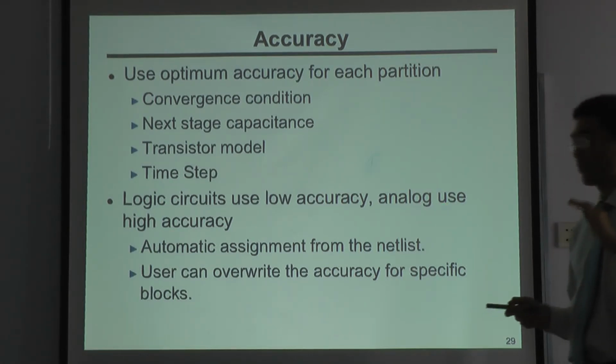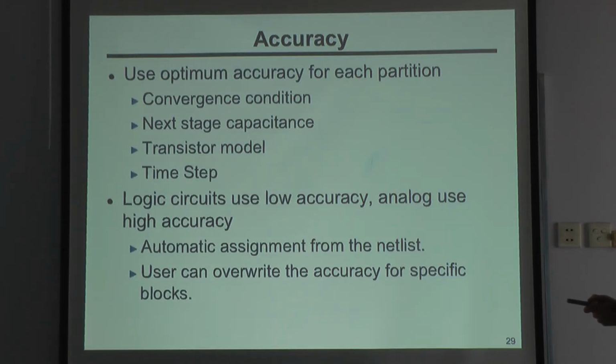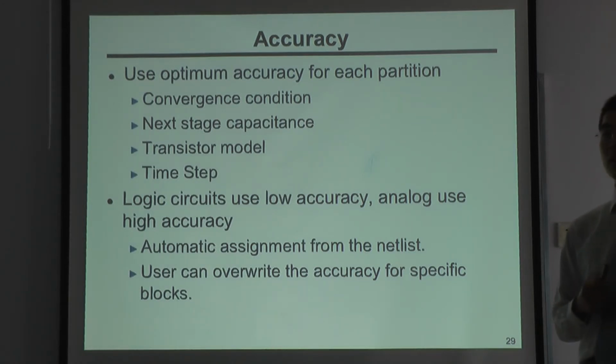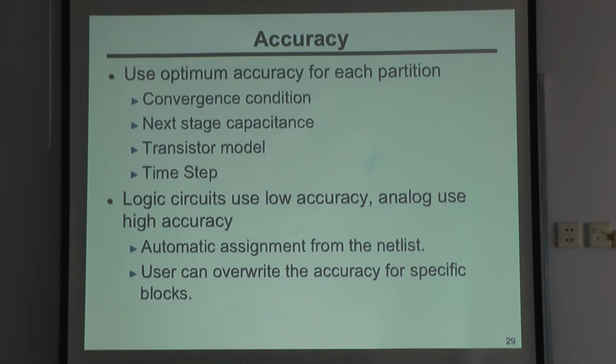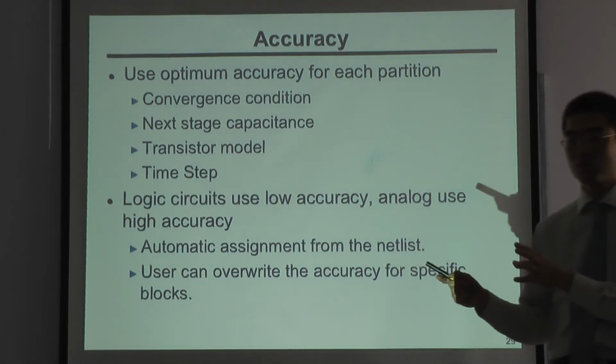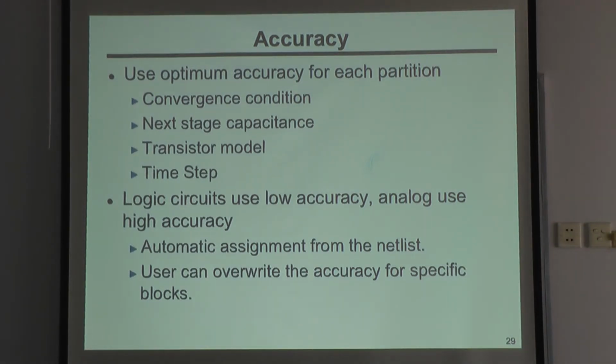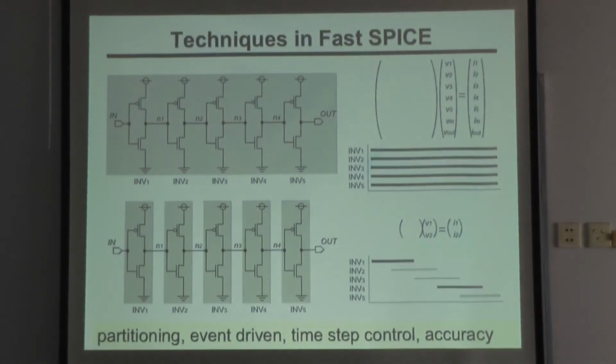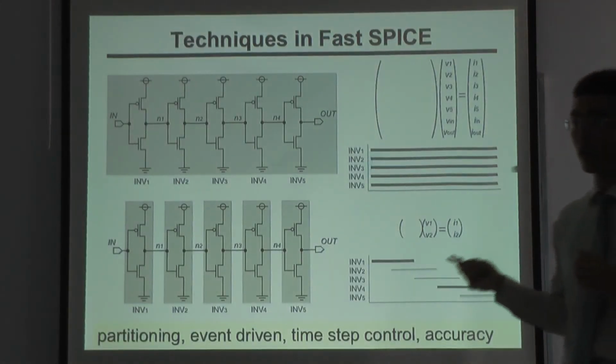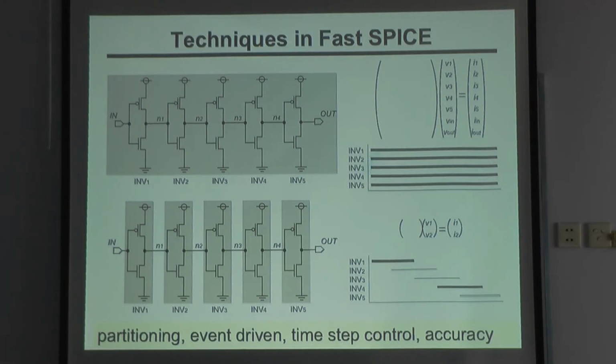So it automatically reads the netlist and automatically assigns these kinds of conditions. And of course, the user can override the accuracy and any controls, like these circuit blocks have to be more accurate, and this block should be less accurate but fast. So this is the summary of the fast spice.